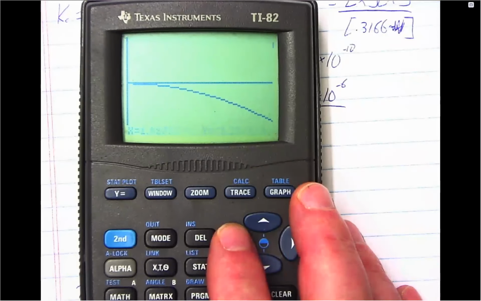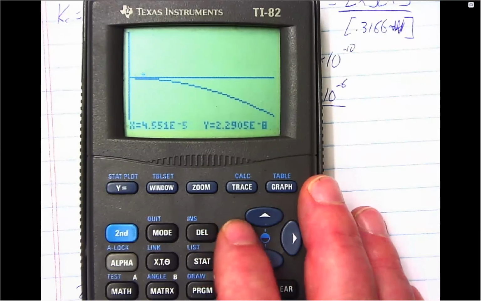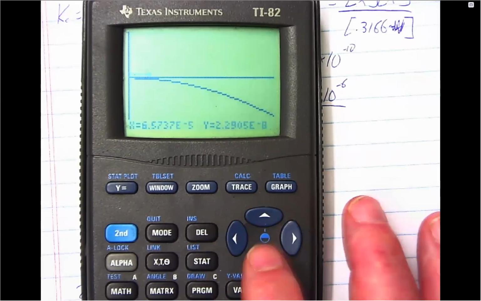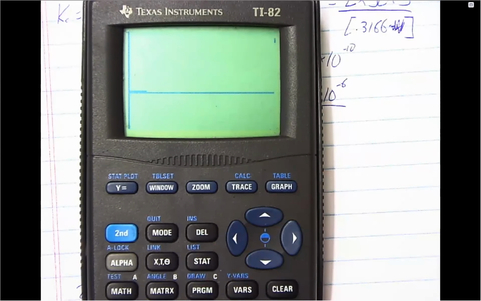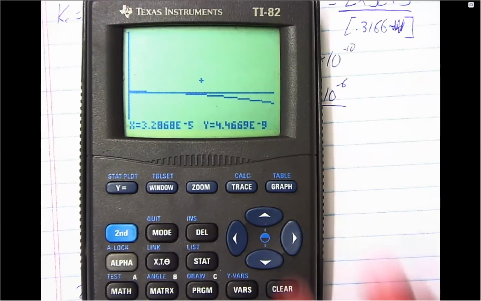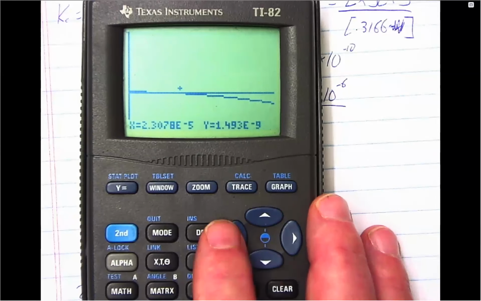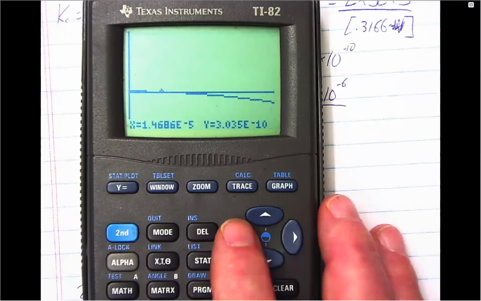So let's box in again. We're just trying to zoom in until we can clearly see the place where we've crossed that x-axis. There it is. So do you see the line on the top and the bottom of the x-axis? Somewhere in there is our place where we have intercepted the x-axis, a place where our y equals 0.